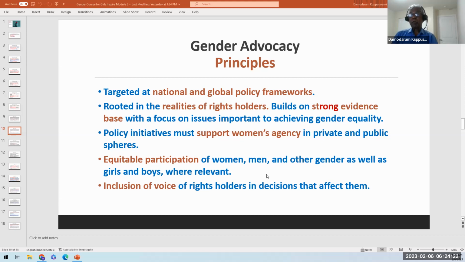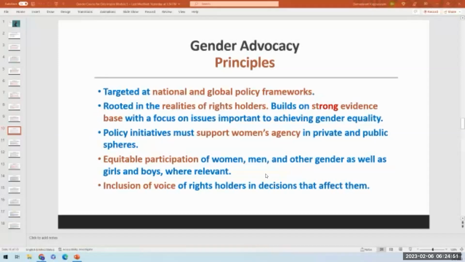We are also looking at the agency of people. It could be women or any others, not only within their private sphere but also in the public, where they take control, express themselves, and take charge, while we are all facilitators. We are looking at the participation of all, and if it relates to children, the participation of boys and girls.